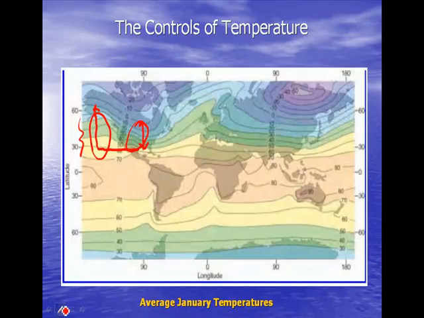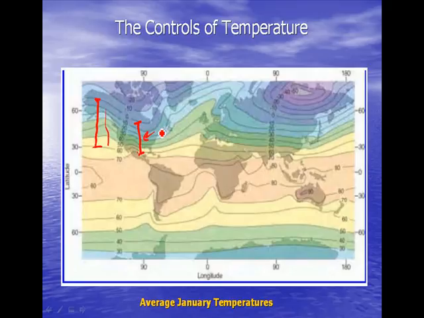Let me see if I can clean this up just a bit. Again, let's say we go 60 here to the 0 line, and 60 to the 0 over here. Notice this line is quite a bit longer than this line here.